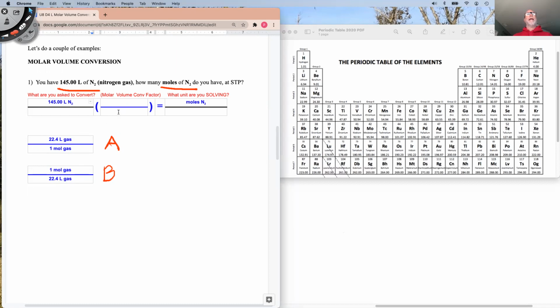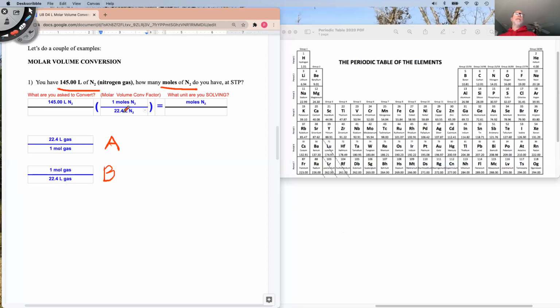Why? So that we can cancel out the liters. So we have the liters of nitrogen gas, right? And up here, we're going to have moles of nitrogen gas. But what numbers go with them? Well, it's always going to be per mole. So per 1 mole, we're going to have 22.4 liters of nitrogen gas. So the problem's over. Why?